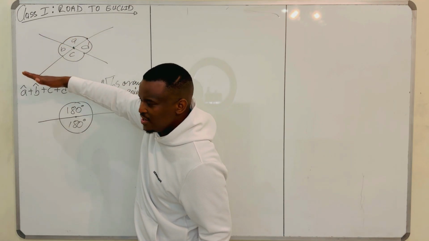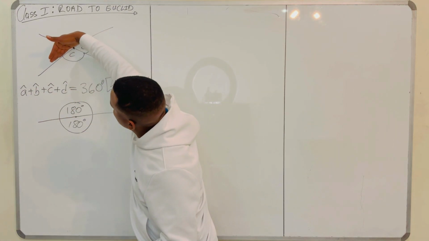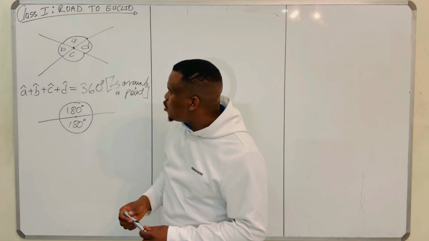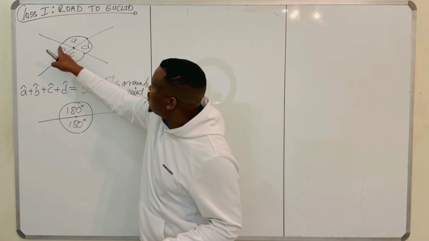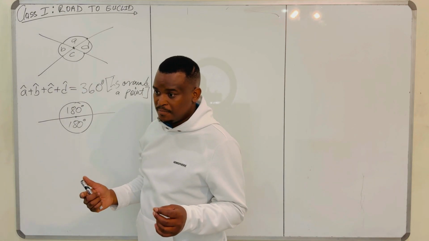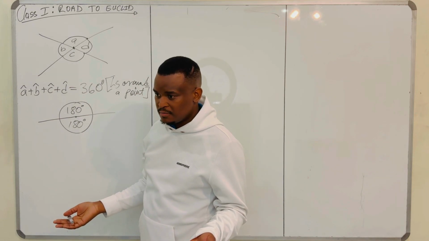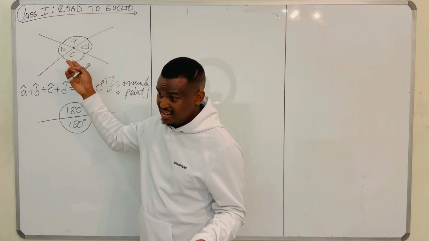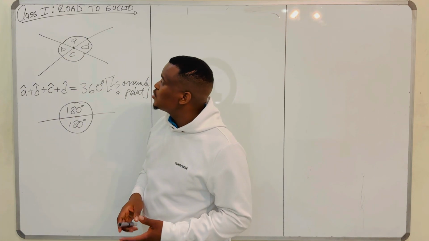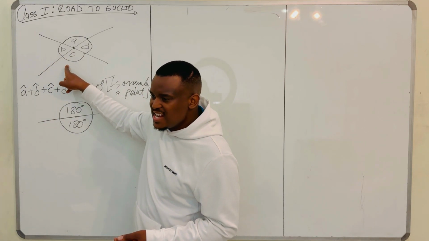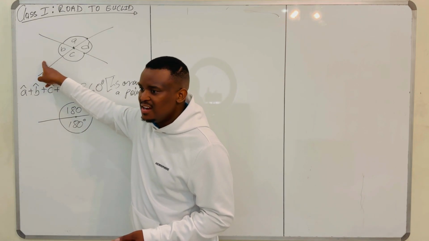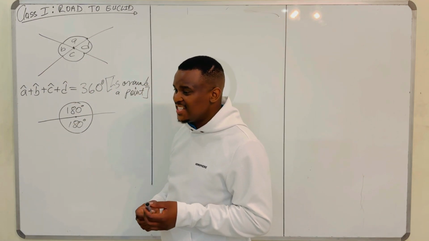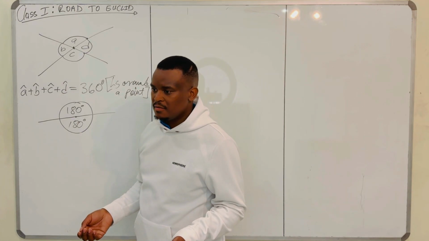So if I add any two neighboring angles on a straight line, they should give me what? 180. Adjacent angles are angles that are next to each other.